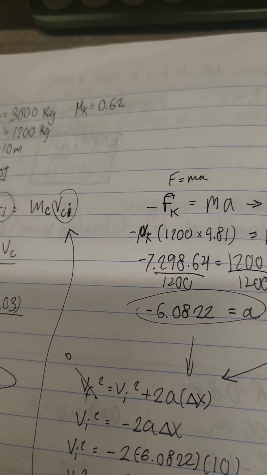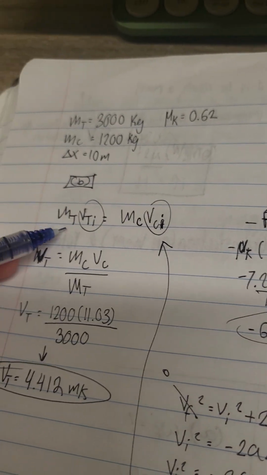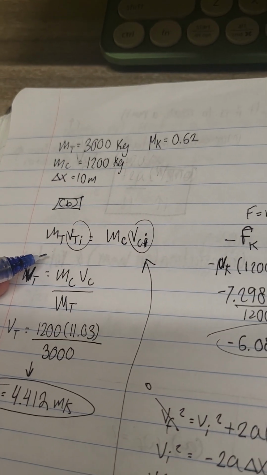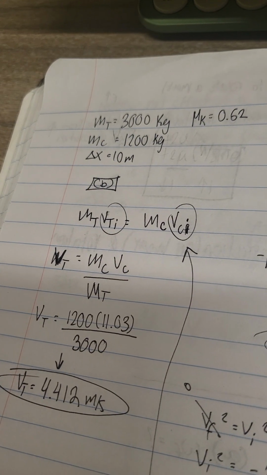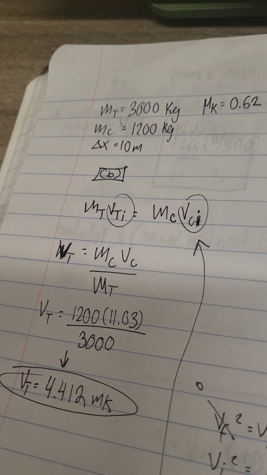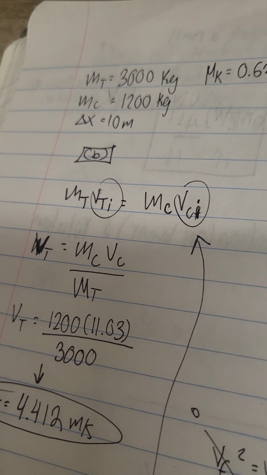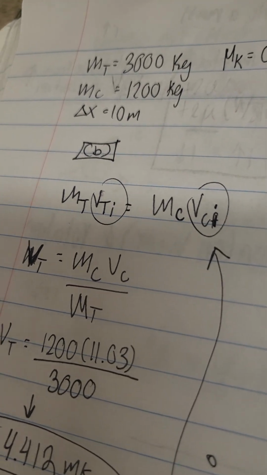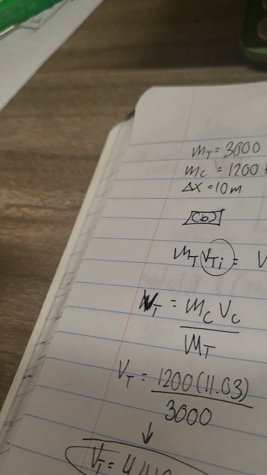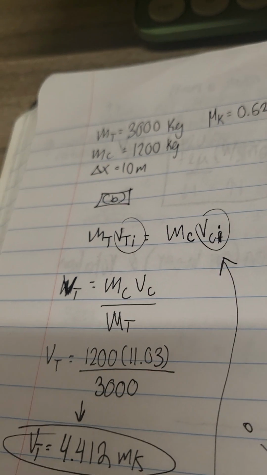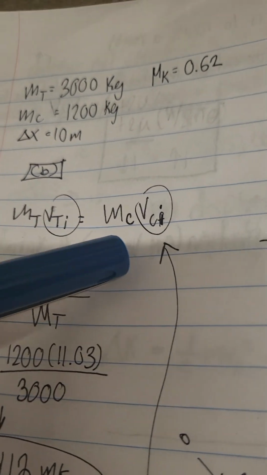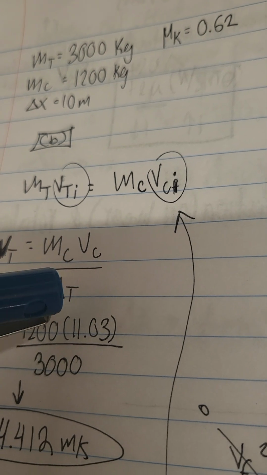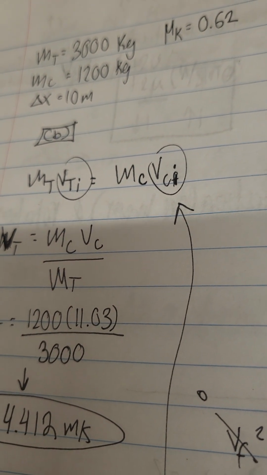So, writing out the left side like I did before, this is when the train is in motion and the car is at rest, because it's looking for how fast the train was moving just before the collision. And then the right side, I'm trying to find how fast the car was moving just after the collision.